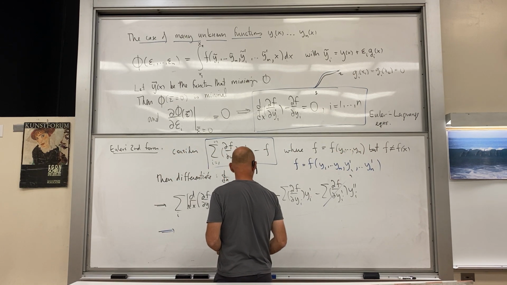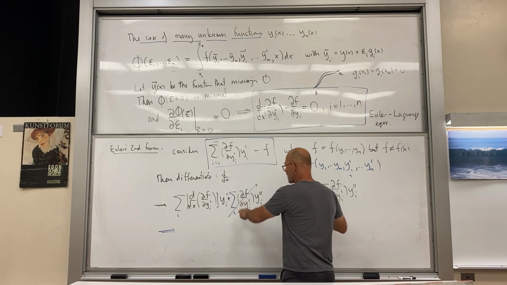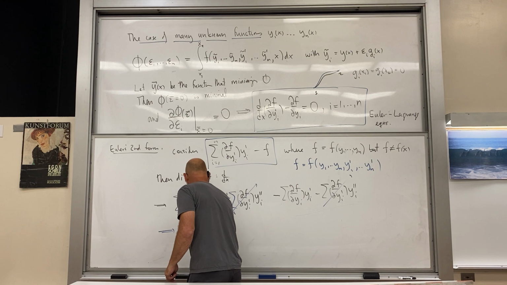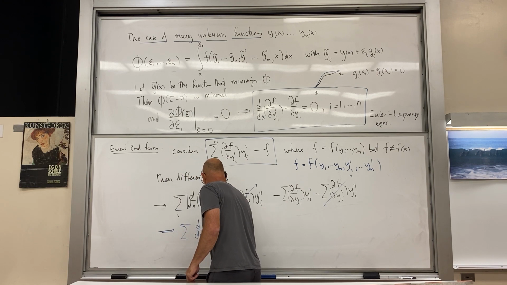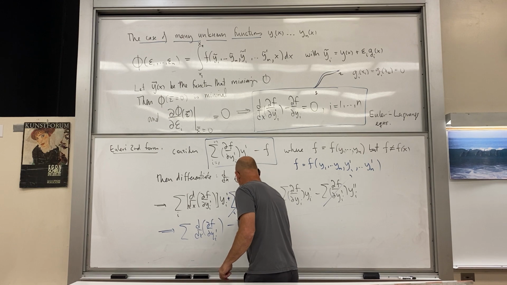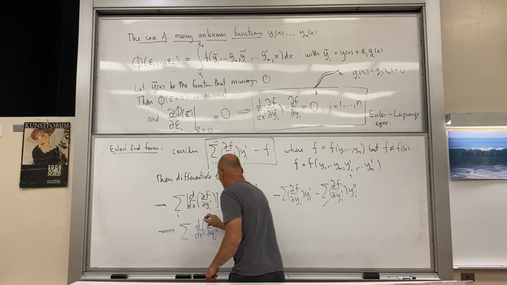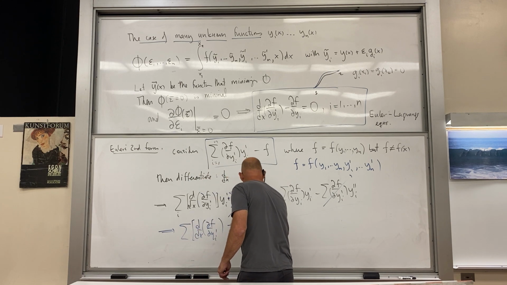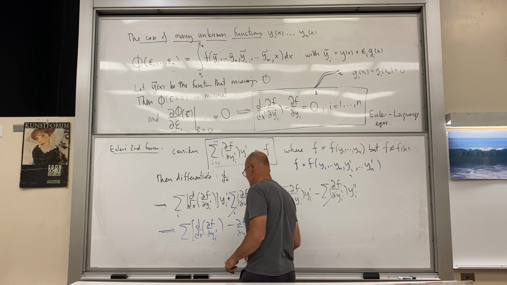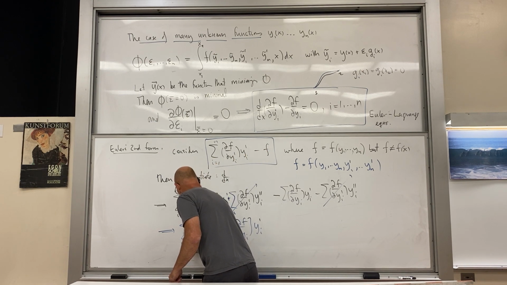We're left with something pretty interesting. You see they both have a common y sub i prime, and we're left with sum over d dx partial f partial y sub i prime minus partial f partial y sub i, I'll put a bracket around here, times y sub i prime, i equals 1 to n.